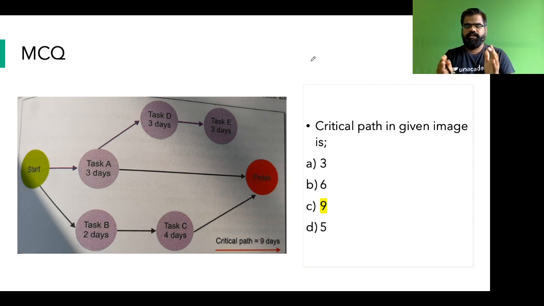When you plot from start till end, you have the various paths. In all those paths, which path is the longest? That will be the deciding factor, because if that gets delayed, your overall project gets delayed. So your focus will be more on that, so that it doesn't get stopped, because that is taking the longest time. So that is the critical path. Okay.